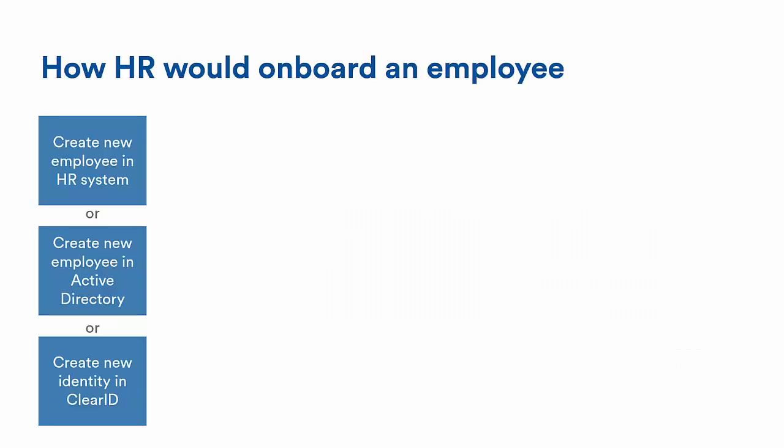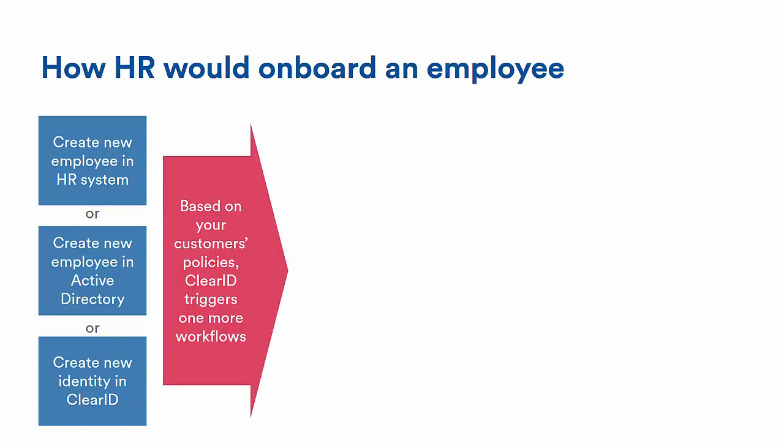So since Clear ID builds bridges with other systems that your customers are using, like Active Directory, HR systems, payroll systems, along with ERP systems, the identity creation for how HR would onboard a new employee can start with whichever system. Then, based on your customer's policy, Clear ID triggers one or more workflows.